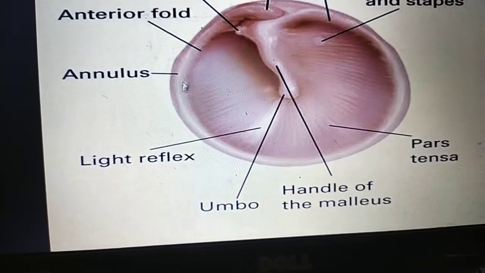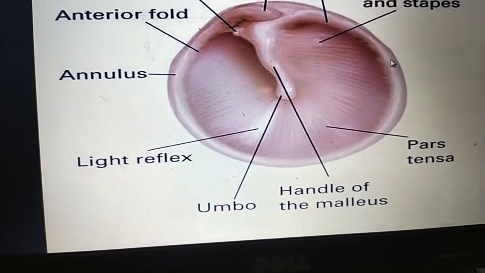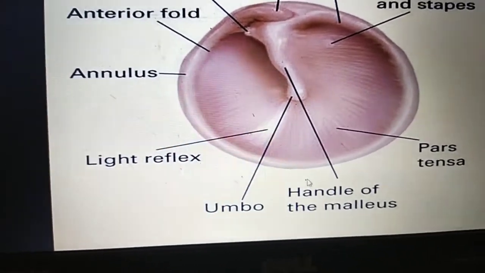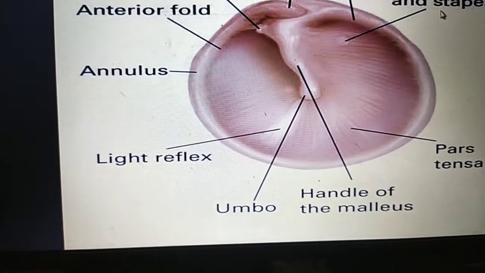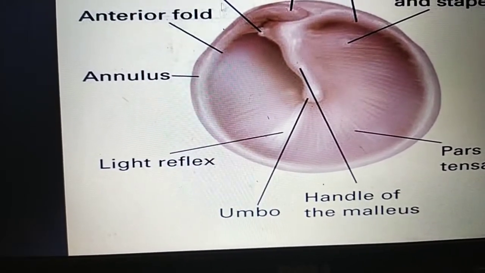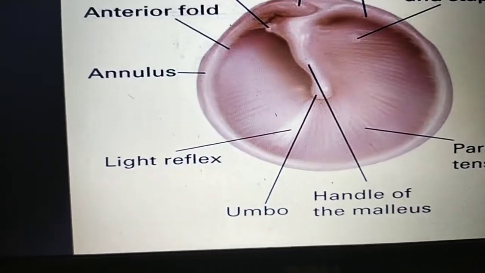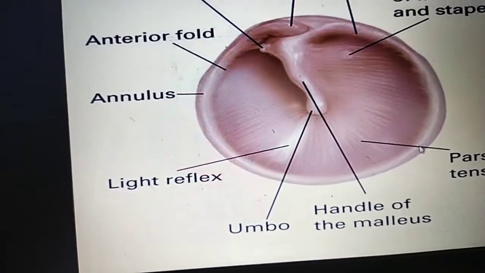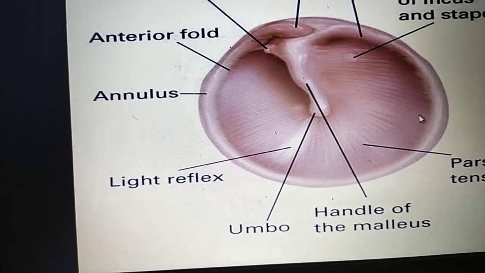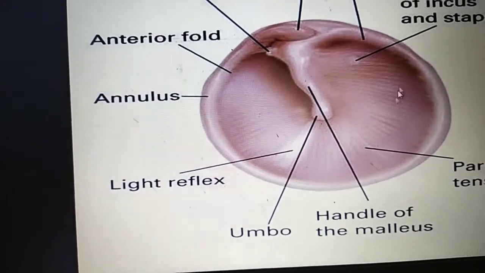Now you can see here a thick ring-like structure. This is called the annulus. The word annulus means a ring-shaped object. The annulus of the tympanic membrane is a fibrocartilaginous ligament that supports the tympanic membrane in a sulcus at the end of the outer ear canal.